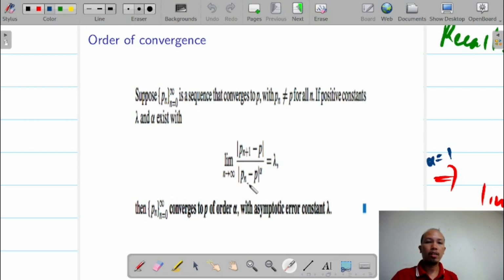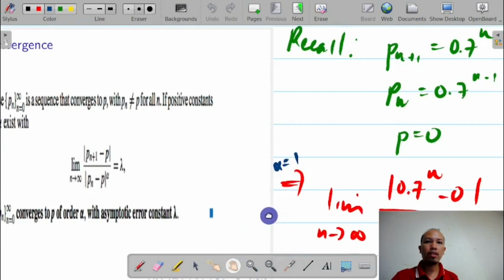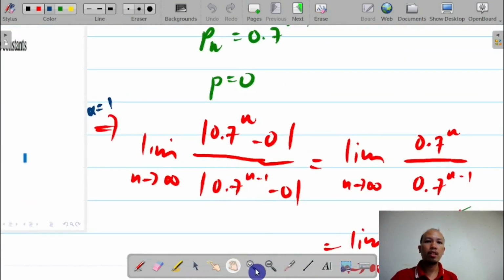Okay, so I'm going to ask this in the EdPaso for all those given in example 26. Okay, so just do it at home, and just remember what I have discussed in this area here.